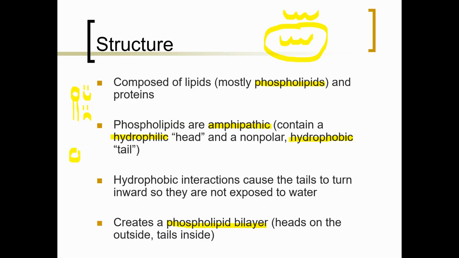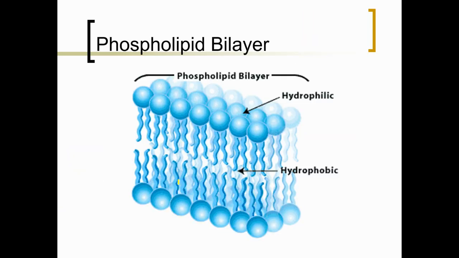The tails are going to turn inward like this, and the heads are going to go on the outside of the membrane. That way, where you have water inside the cell and water outside the cell, these heads are facing the water and the tails are turned away. So it's due to those hydrophobic qualities of the tails that cause them to turn inward. And so what we get is a basic phospholipid bilayer.